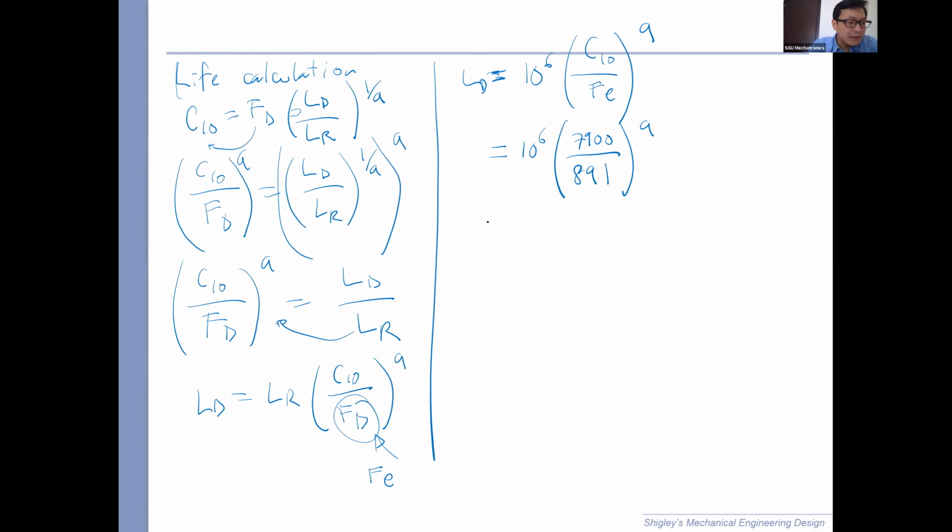Now what I will get is basically a number of revolutions, or cycles, right? Revolution or cycles. 8.87 million cycles is the survivability.